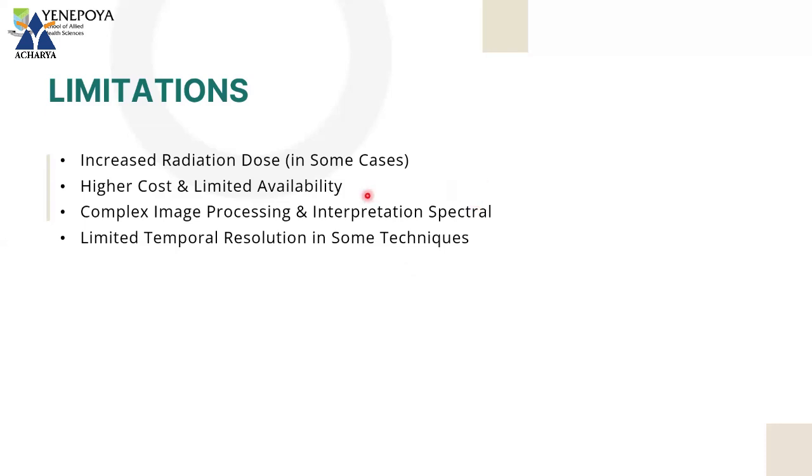Then is higher cost and limited availability. Spectral scanners are very expensive. If you talk about the cost, it is similar to what we would pay for a 3 Tesla MRI from any manufacturer. The spectral imaging CT will cost much more than that.